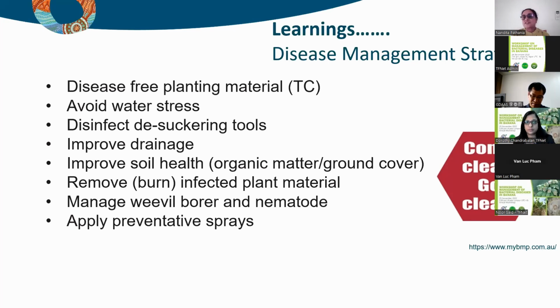And come clean, go clean always works for all diseases, and has been seen to restrict the movement of Fusarium wilt, which was recently a major threat to banana production in Australia.